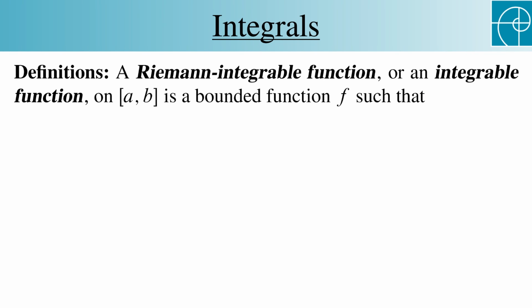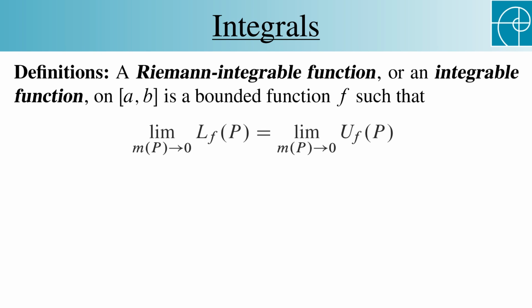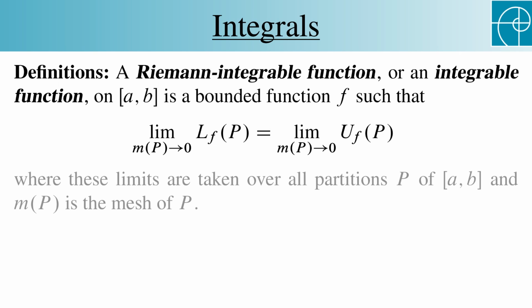A Riemann integrable function, which in this context we often shorten to integrable function since there's no ambiguity, on the interval from a to b is a bounded function f, such that this equality holds, where these limits are taken over all partitions P of [a,b], and M of P is the mesh of P. Remember that the mesh is the width of the widest subinterval.